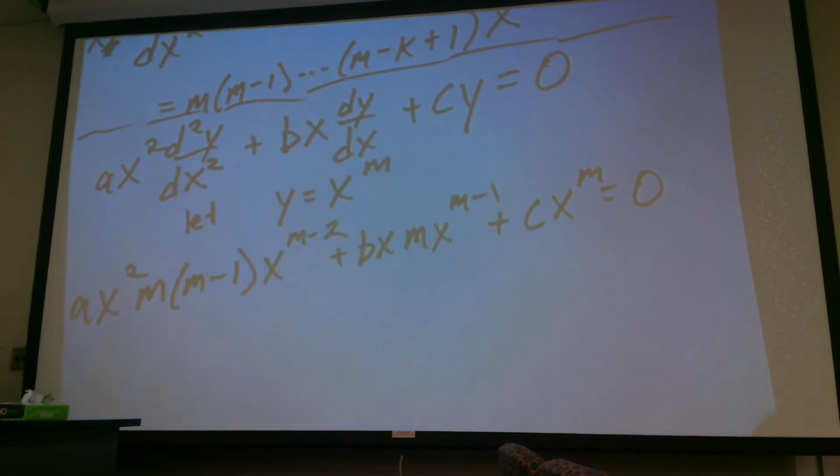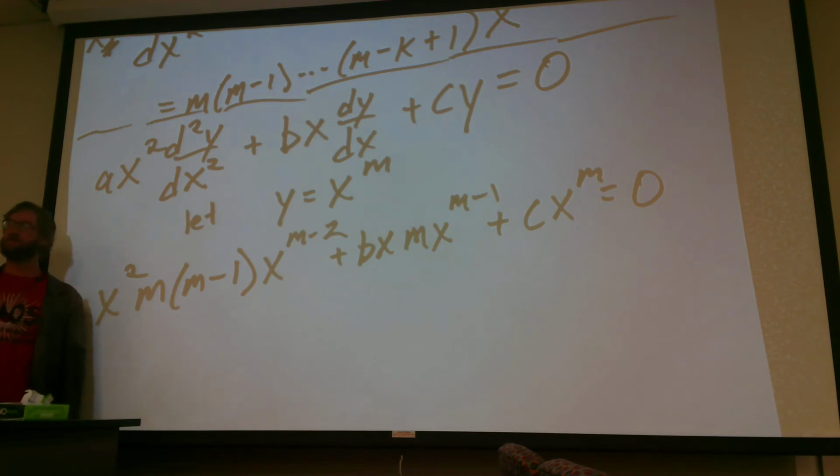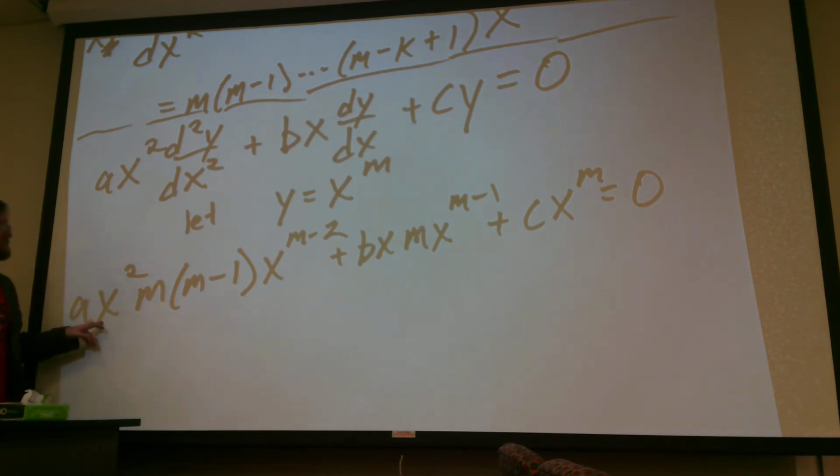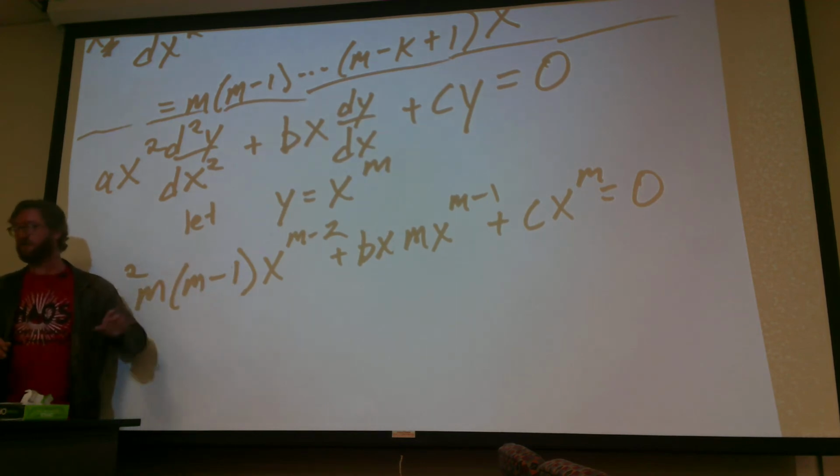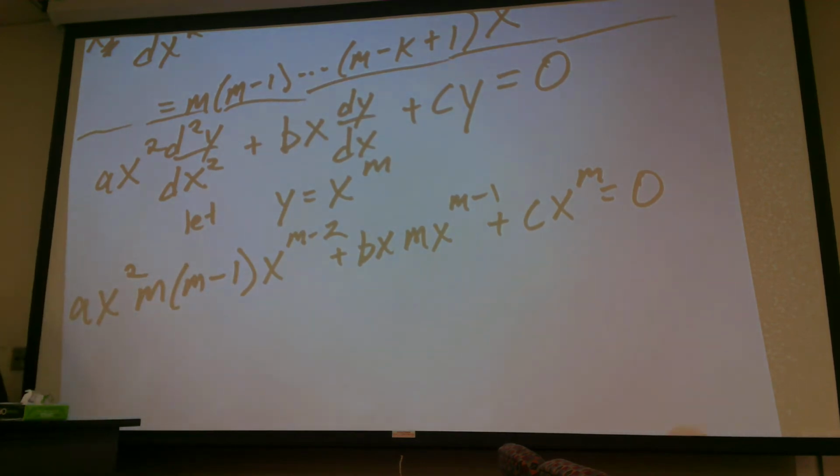Now what we're really looking for in this problem, see, we're making the assumption that y equals x to the m. So what are we looking for? We're looking for m. Okay, so we're going to have to find a way to find that. Now notice this, we have an x squared and x to the m minus 2. Well, that's just going to turn into an x to the m. All right?